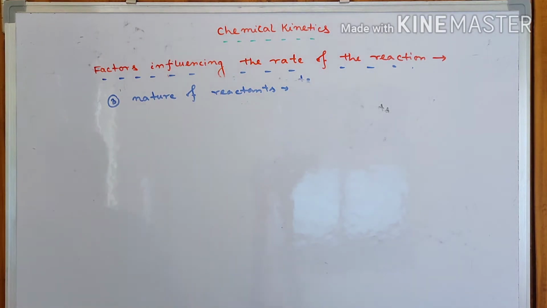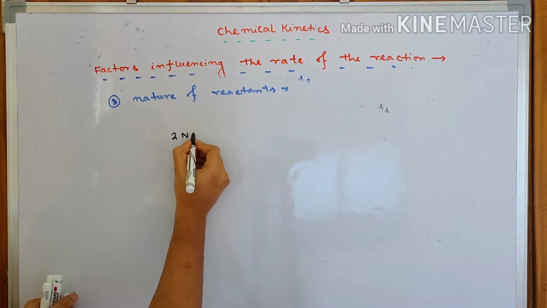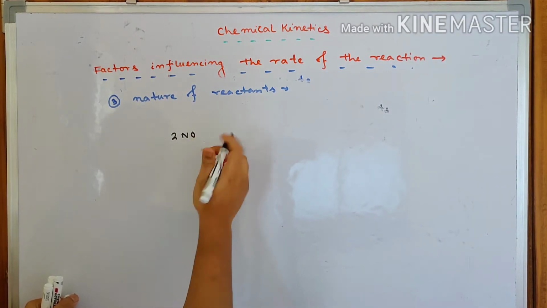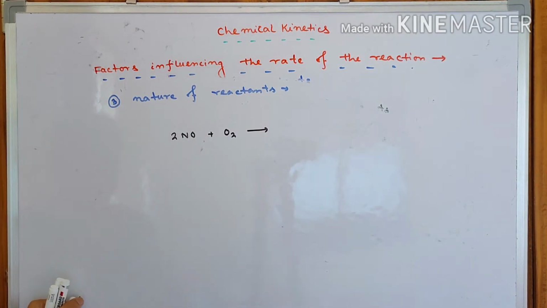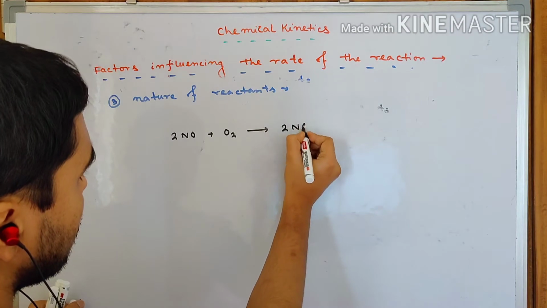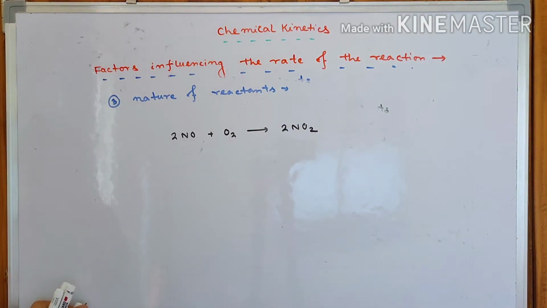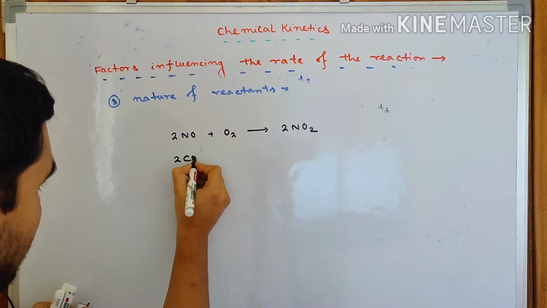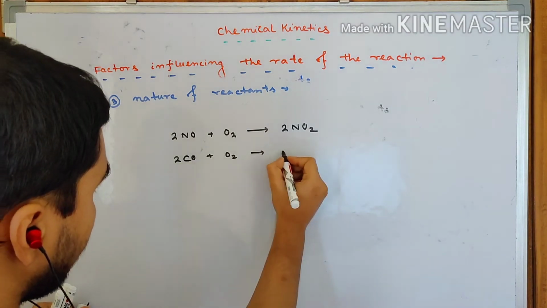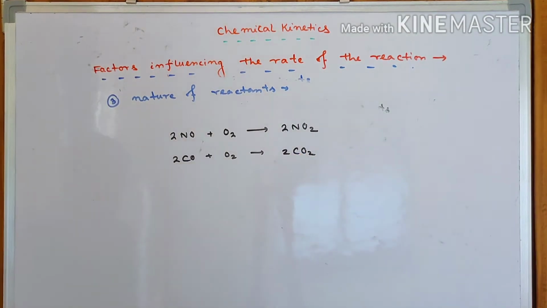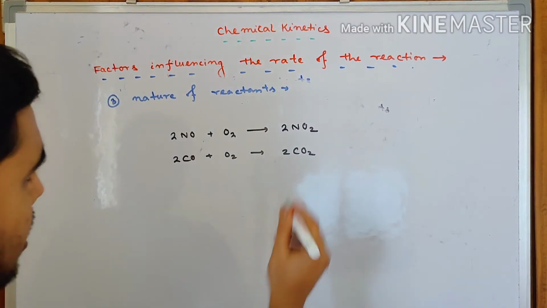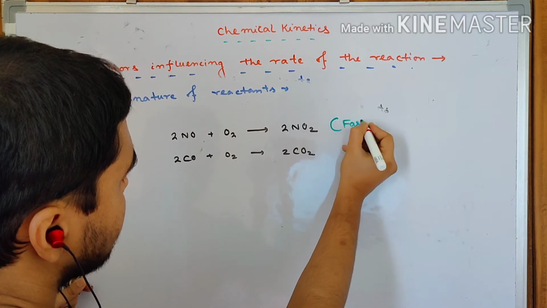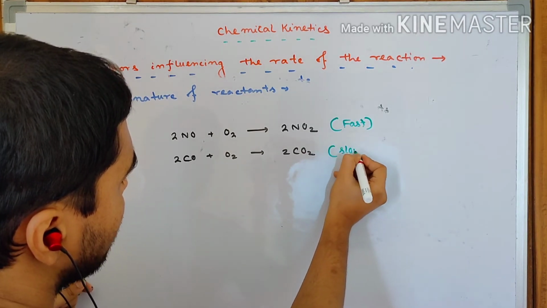For an example, if I take 2NO plus O2 giving rise to 2NO2, and similarly, if I take 2CO plus O2 giving rise to 2CO2, both reactions look absolutely similar, but unfortunately this reaction is faster while this reaction is slow.